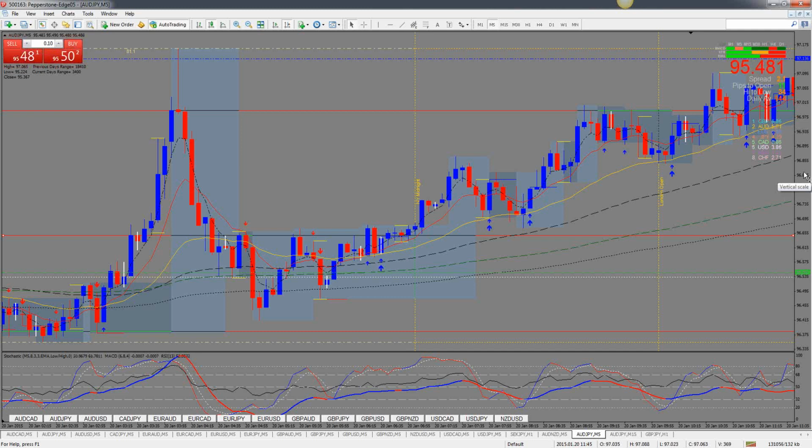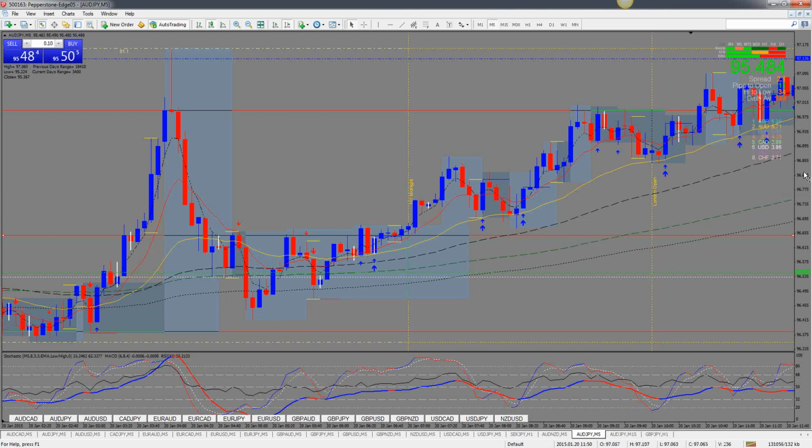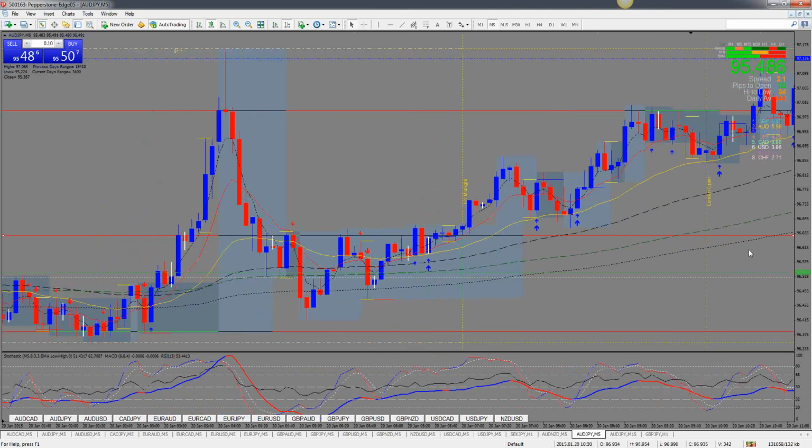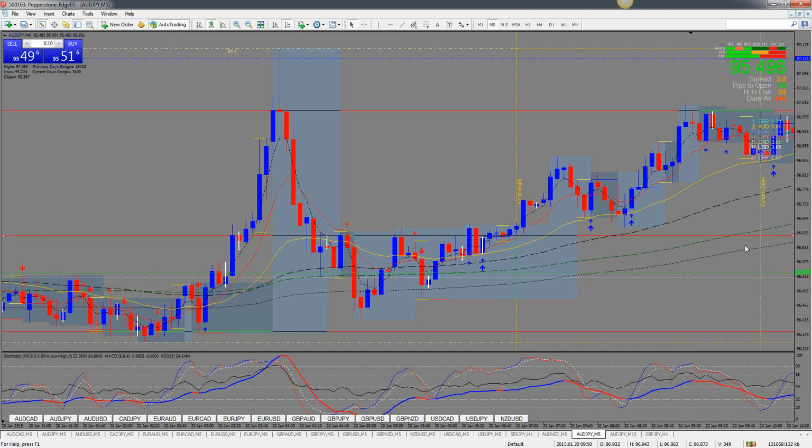But would you have recommended taking the trade as the double top's there? No. And I remember I said back here, if I go back, let's take a look.